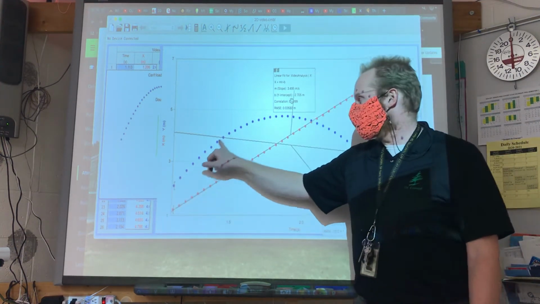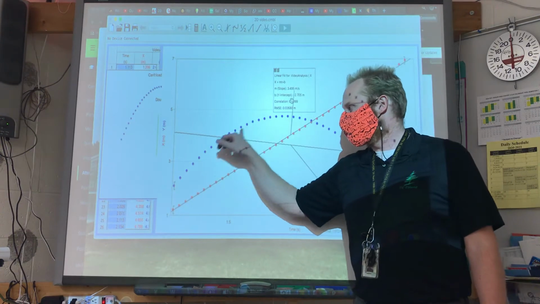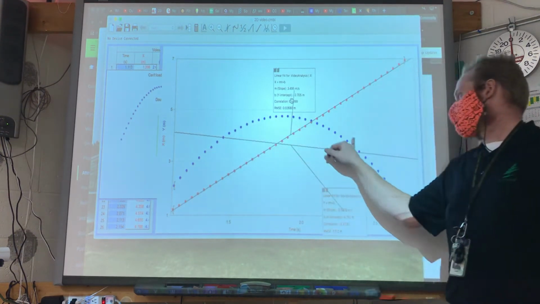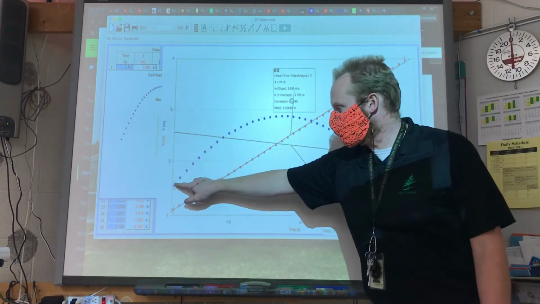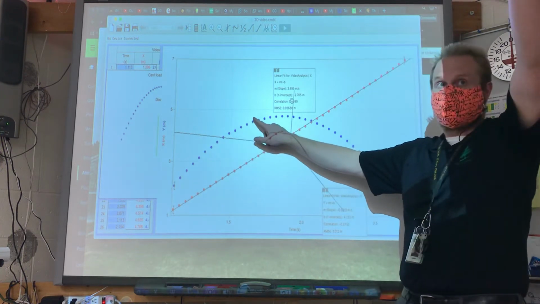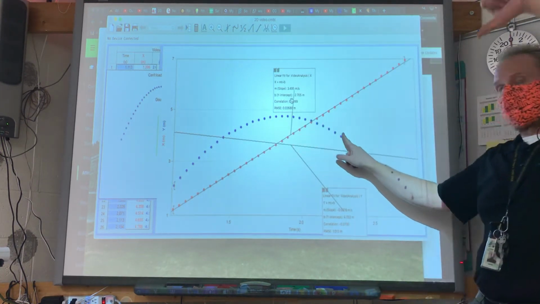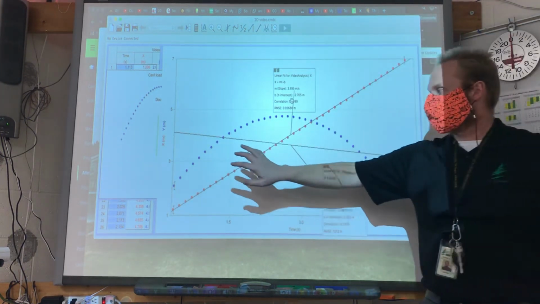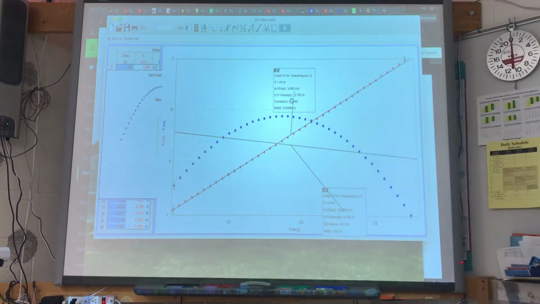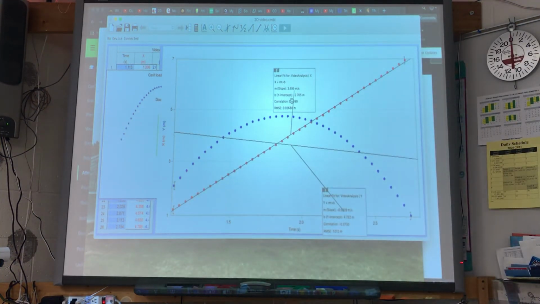And what about from here to here, is this slope positive or negative? That's positive. What about over here? Negative. So it was going in the positive direction, going up, and now it's coming down. My slope was changing, which means my velocity was changing. So in the y direction, my velocity is changing, which means my acceleration is not equal to 0. Some other value, not 0. That's all we can really conclude from here.